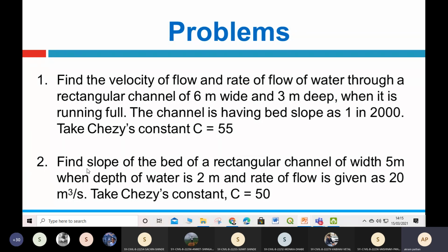The second problem: find the bed slope of the rectangular channel section of width 5 meter when the depth of flow is 2 meter and the rate of flow is 20 meter cube per second. Take Chezy's constant C equal to 50. These are the two homework problems for you.